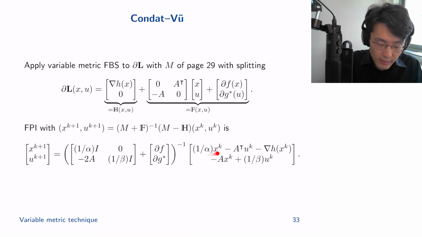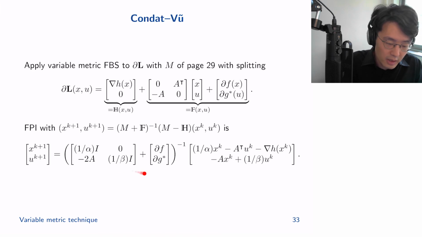That gives us 1 over alpha times xk minus A transpose uk. And then in the bottom, we get minus A xk plus 1 over beta uk. But then we also have this minus h operator applied. So minus h has no component in the bottom, but it has grad h on the top. So that gives us grad h of x added in.